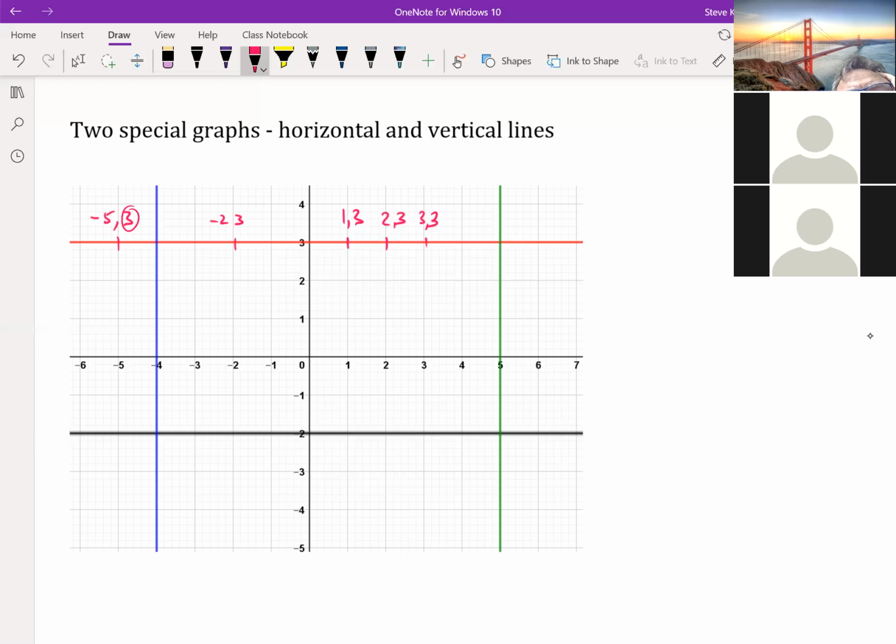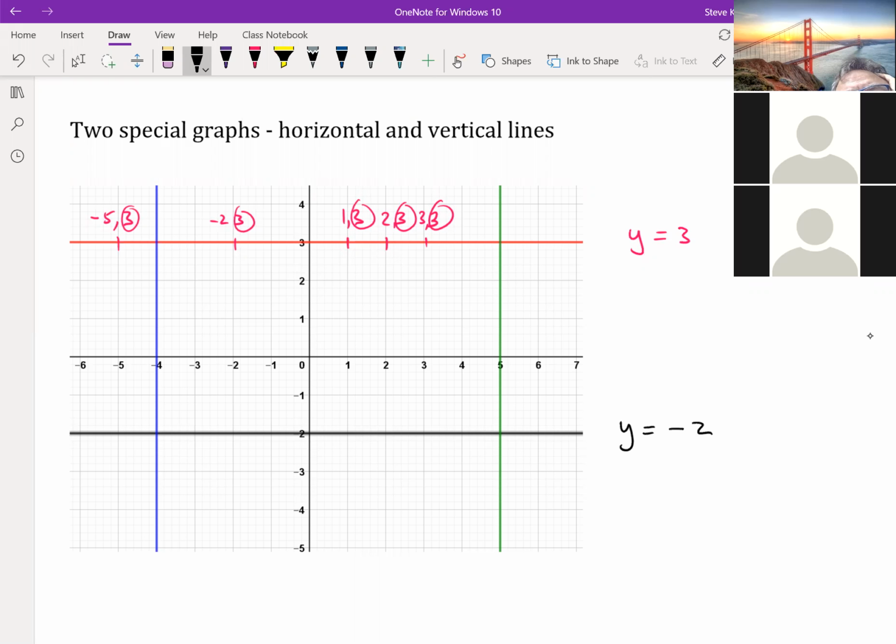So hopefully you can see that those coordinates all have a y value of 3. So this line is simply going to be written as the line where y is equal to 3. And so by the same process, the line down the bottom here is going to be the line where y is equal to -2, because every point on that line has a y value of -2.